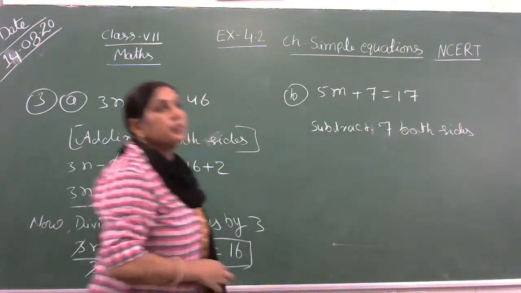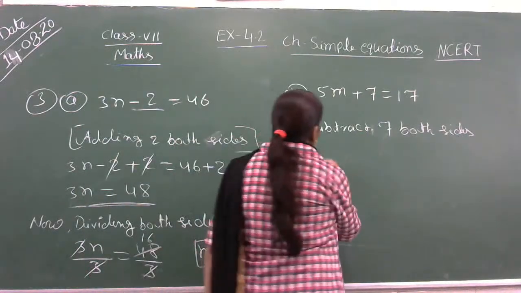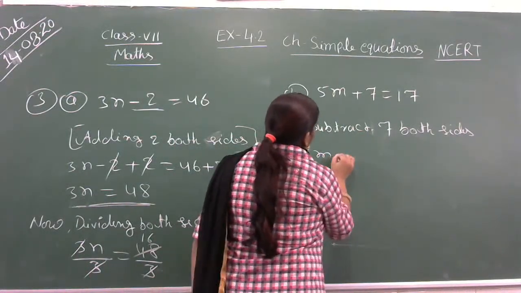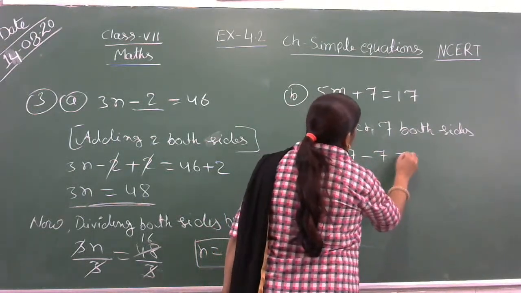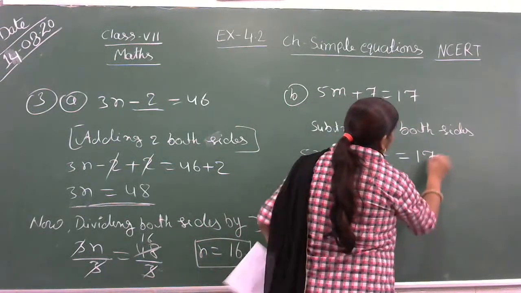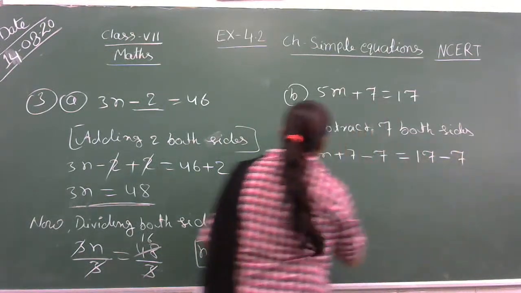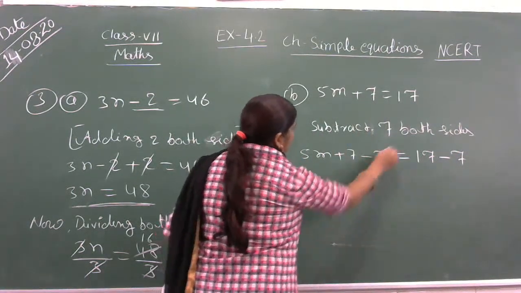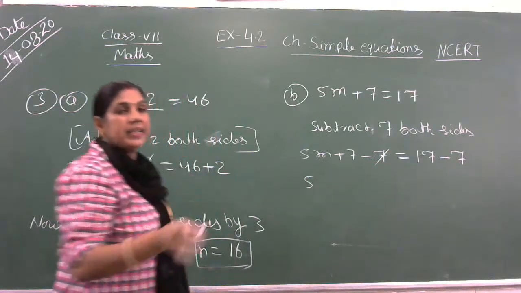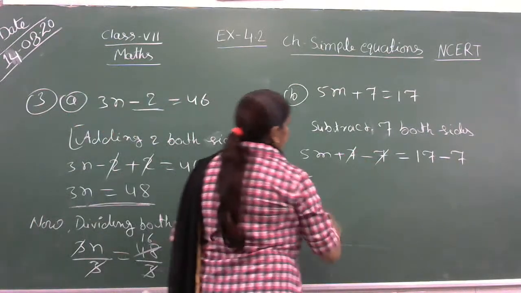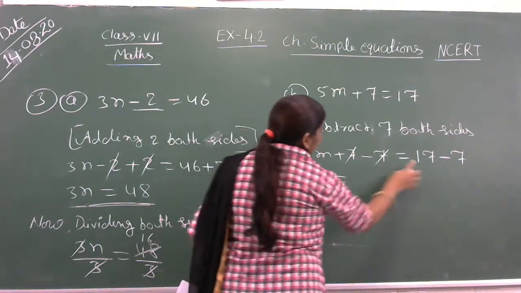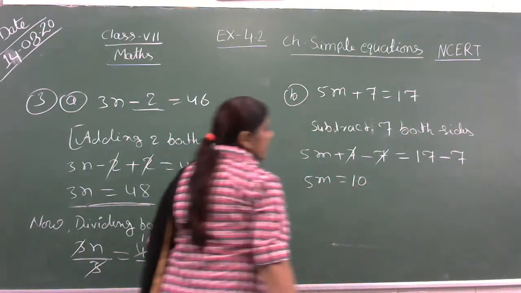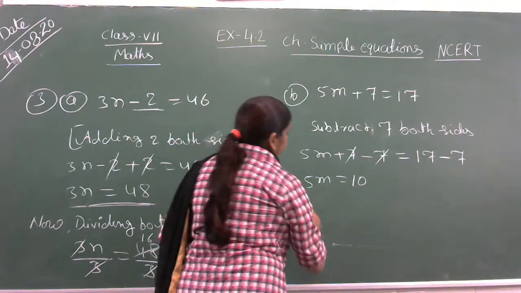Subtract 7 from both sides. So 5n plus 7 minus 7 is equal to 70 minus 7. Plus 7 and minus 7 both cancel. 5n is equal to 10. 70 minus 7 you will get 10.